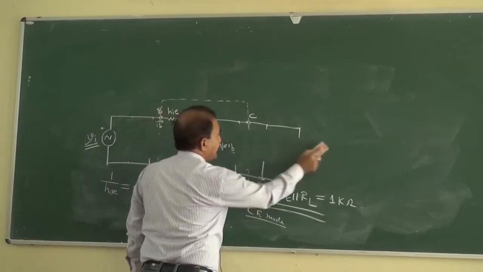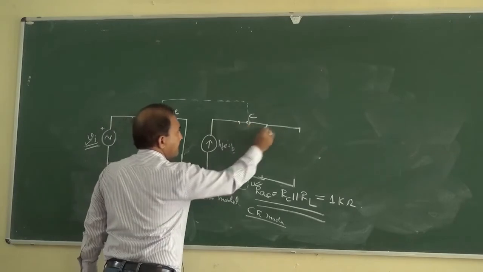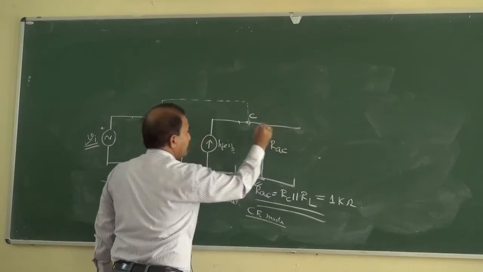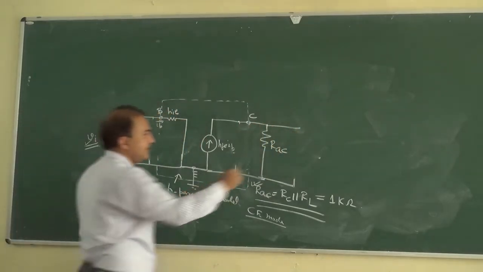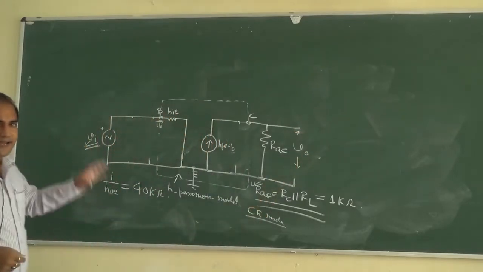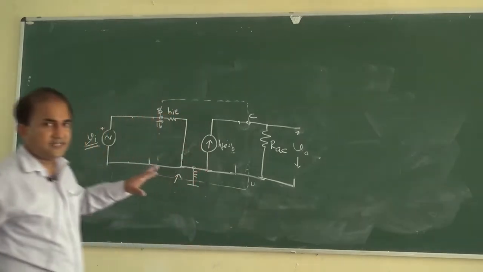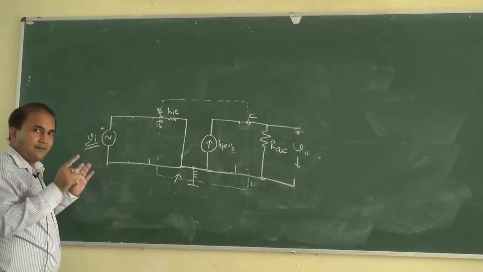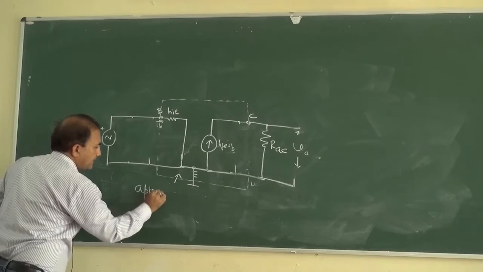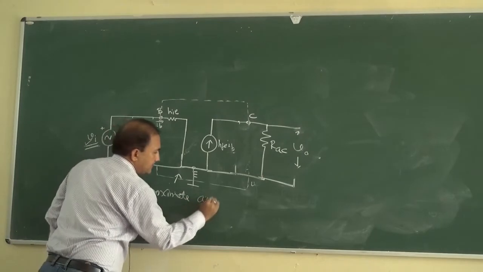So we can replace these 3 and it will be equal to RAC only, okay, and this is V out. So in this way we can approximate the circuit. This is the circuit representation of a single stage amplifier circuit by using approximate analysis.